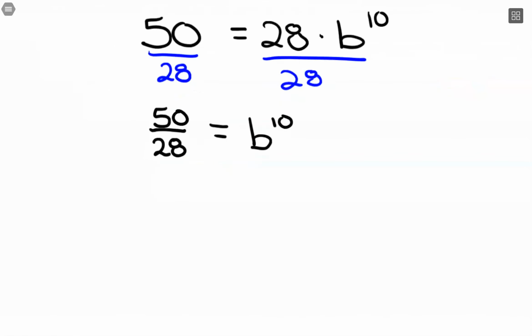Now, the rule we're going to use here is a way of canceling out exponents, because the variable I want to solve for is trapped underneath an exponent. So what I need to do is create an exponent of 1 here. And how I can do that is I can raise this side to an exponent of the reciprocal of the exponent.